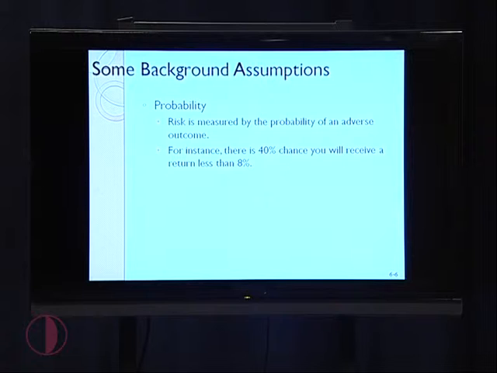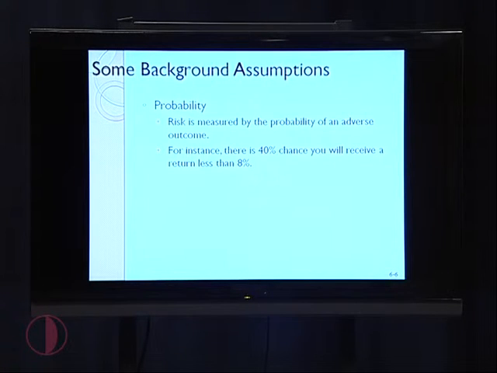For instance, there is a 40% chance you will receive a return of less than 8%, and you have a 50% chance to receive 6%. That is called the probability of return.